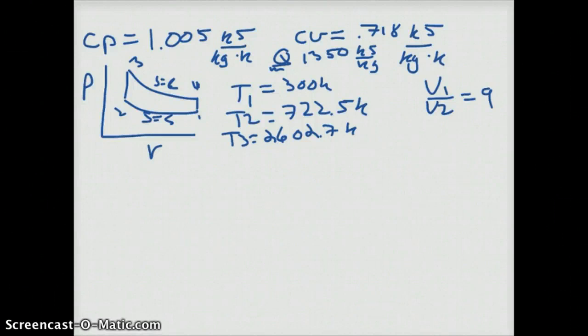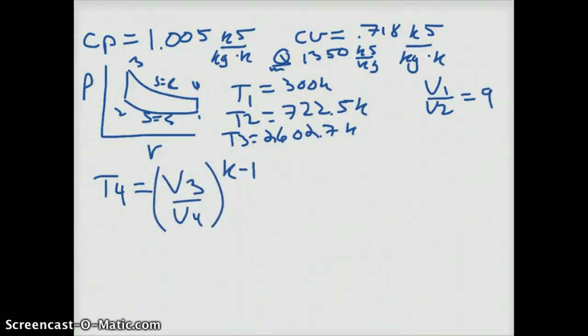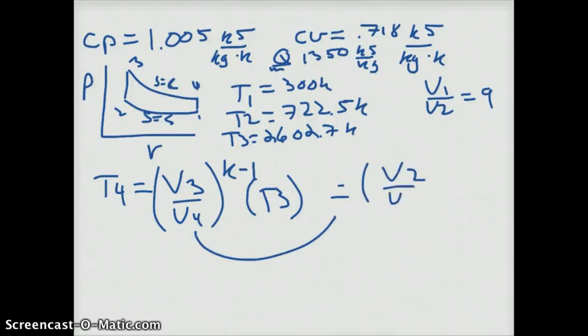Alright, now for T4 we can use the same process we did to find our T2, which is also isentropic. So T4 is equal to our P3 over P4 to the k minus 1, times T3. But you have to remember that V3 over V4 is also equal to V2 over V1, which is our compression ratio of 9. I'm sorry, 1 over 9.